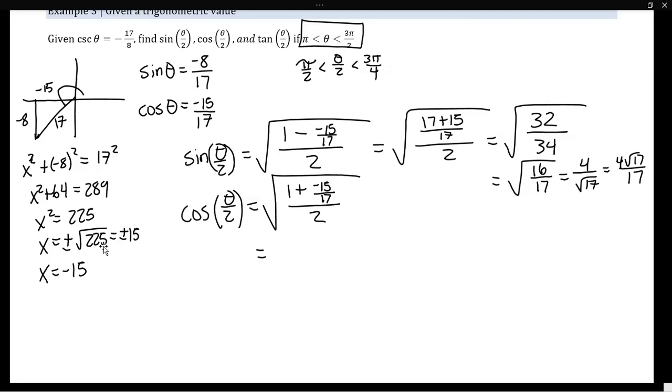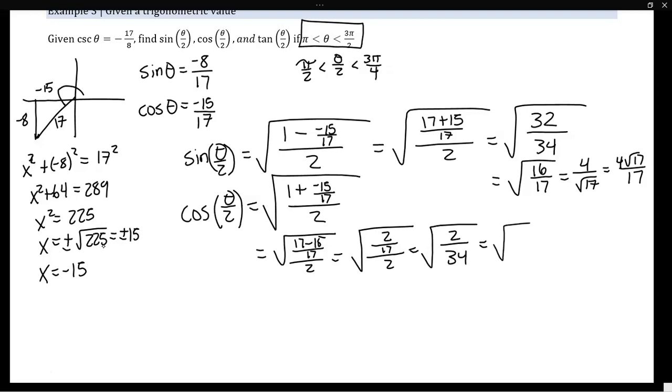And instead, we're going to get the square root of 17 minus 15, all divided by 17, all divided by 2, which is the square root of 2 over 17 divided by 2, which is the square root of 2 divided by 34, which of course simplifies to be the square root of 1 divided by 17, which is just 1 over the square root of 17, or root 17 over 17. So again, however you get there, that's what we would do.